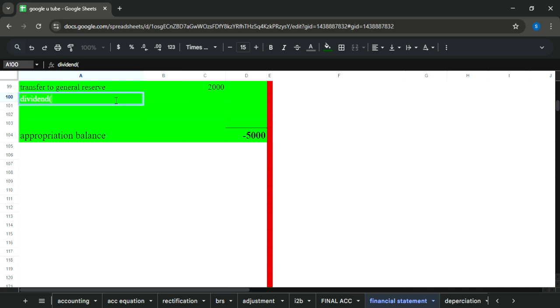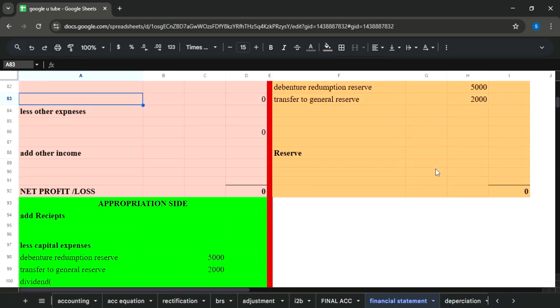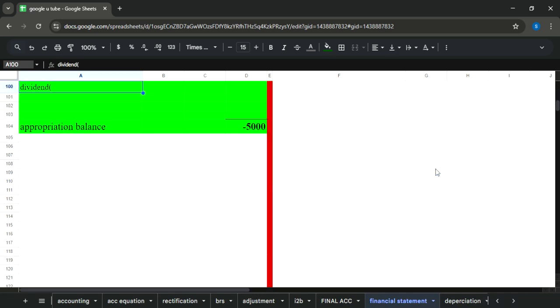Although the 8% has been given, we need the amount of capital, and look here, 1 lakh is the amount of capital. So we will calculate over here, and you will take 8%. Once again, please note, the amount of capital is 1 lakh, and then you will take 8%. So the amount of dividend is calculated.